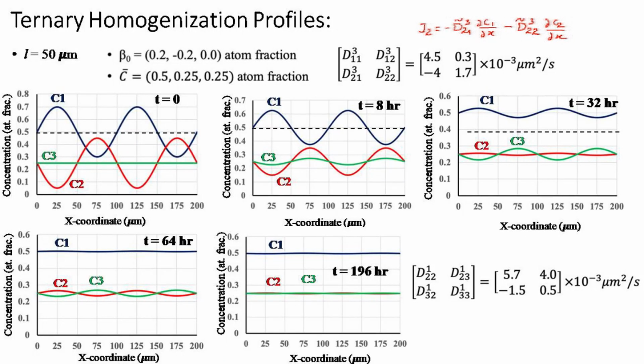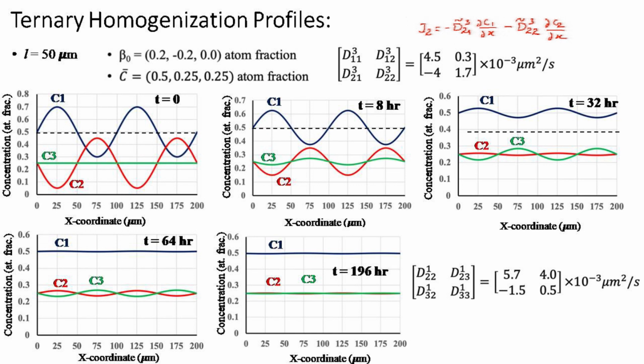If we do not consider these cross terms, we would have missed this effect, the undulations that have developed in C3. Now, where would this be very important? For example, if C3 was constant initially, and let us assume that it was below the solubility limit of 3 in the alloy, but since these undulations developed, if this concentration tries to exceed the solubility limit of 3 in the alloy, then we expect a second phase to precipitate out.